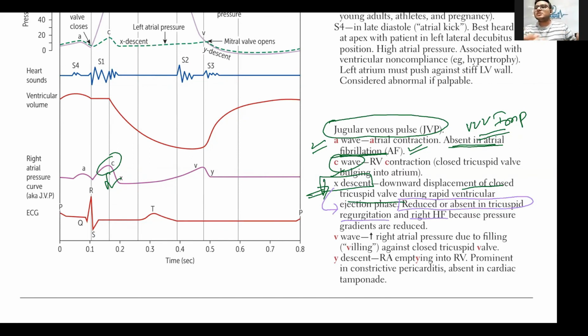When there is no ejection, the tricuspid valve will not go into its normal position. It will be more stretched toward the right atrium and put more pressure on it, so there will be no descent. So in tricuspid regurgitation and right heart failure, the X descent is absent or reduced.